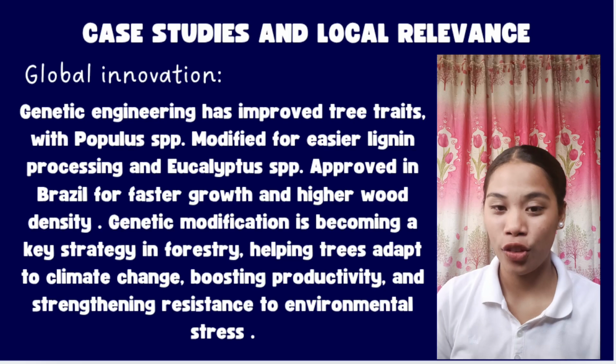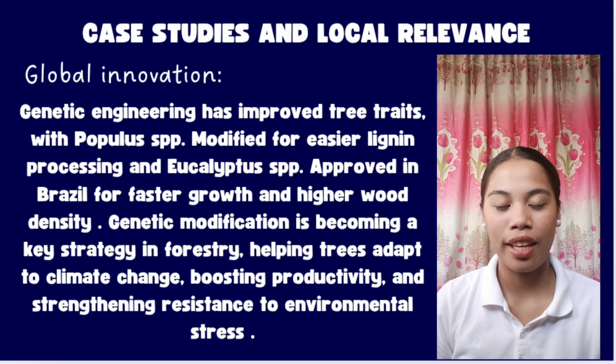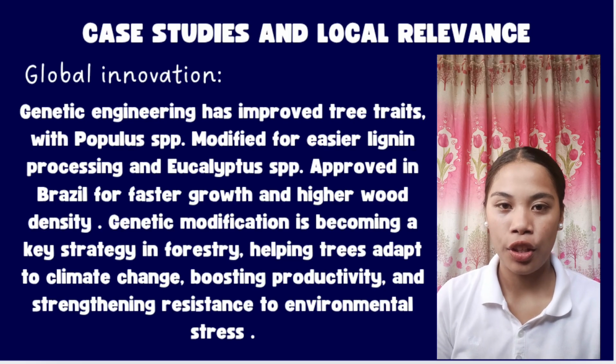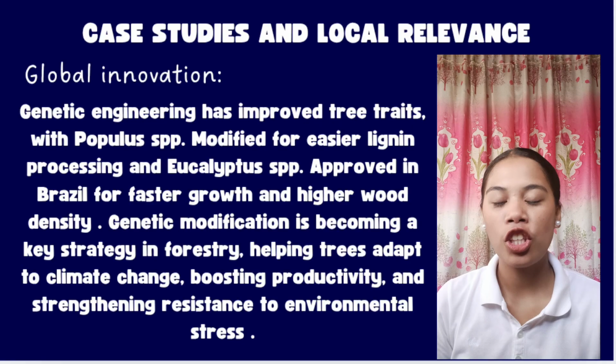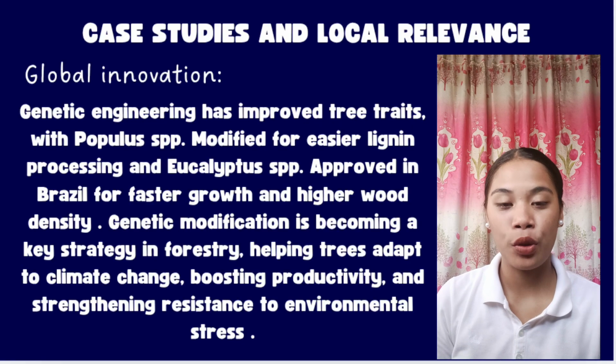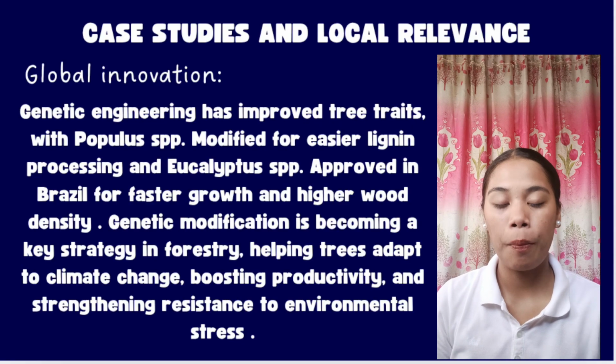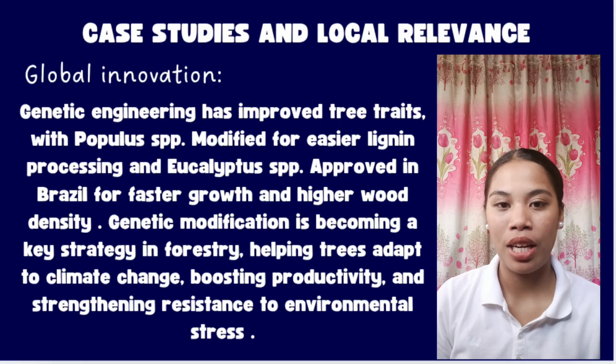So, in Chapter 3, the case studies and local relevance on global innovation: genetic engineering has improved traits in Populus spp, modified for easier lignin processing, and Eucalyptus spp, approved in Brazil for faster growth and higher wood density.